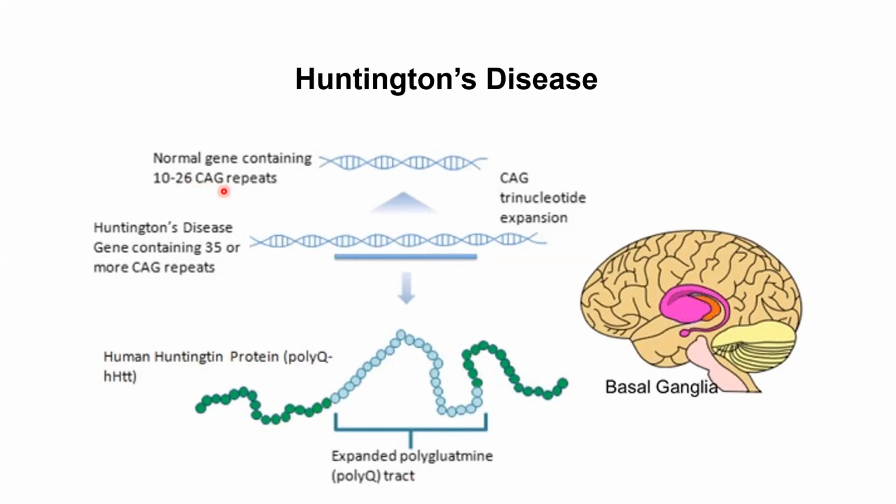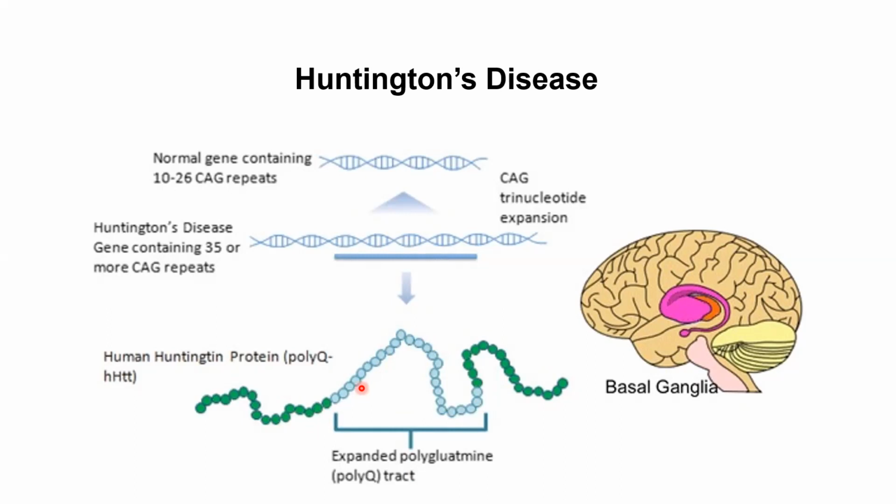This is the gene. But when there is a mutation, you would see that this 10 to 26 will jump to 35 or more, which means that when this mutated gene is translated, you see the green parts are the normal ones, but now there are more CAG repeats coming into the gene, in between the gene and the expanded polyglutamine protein.